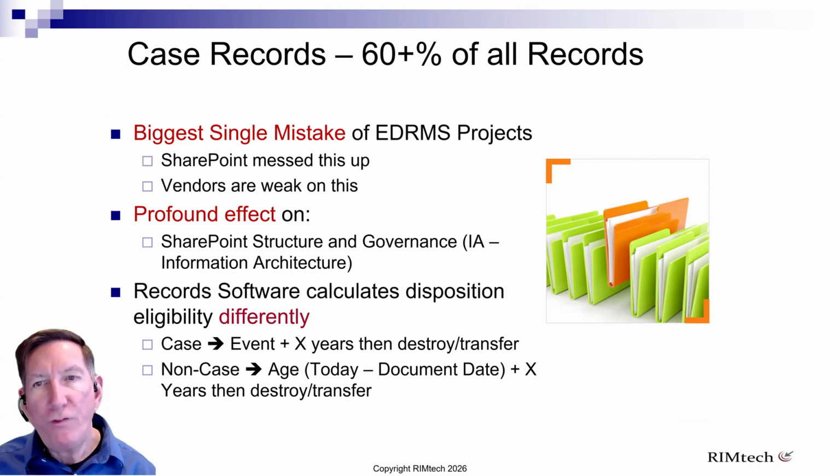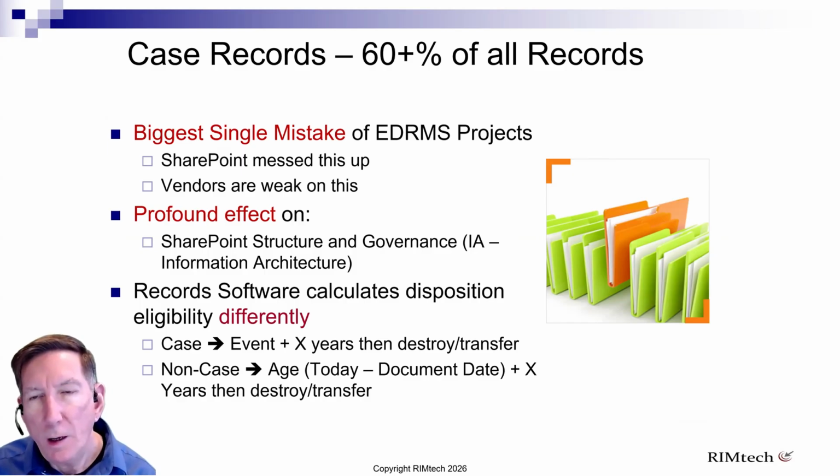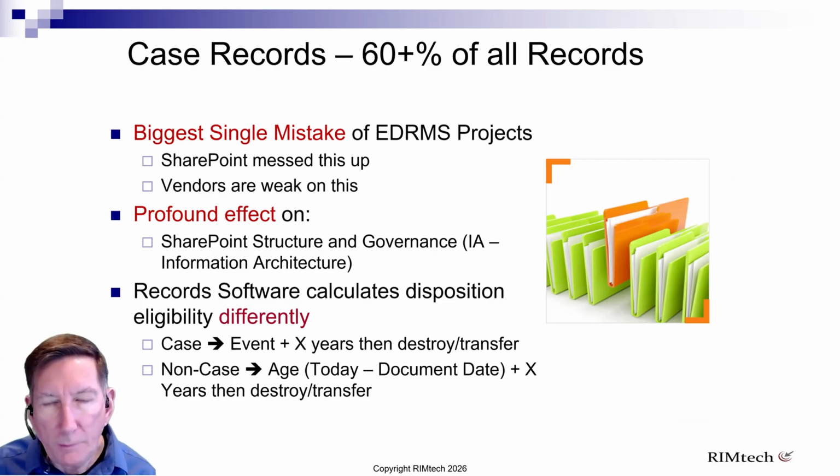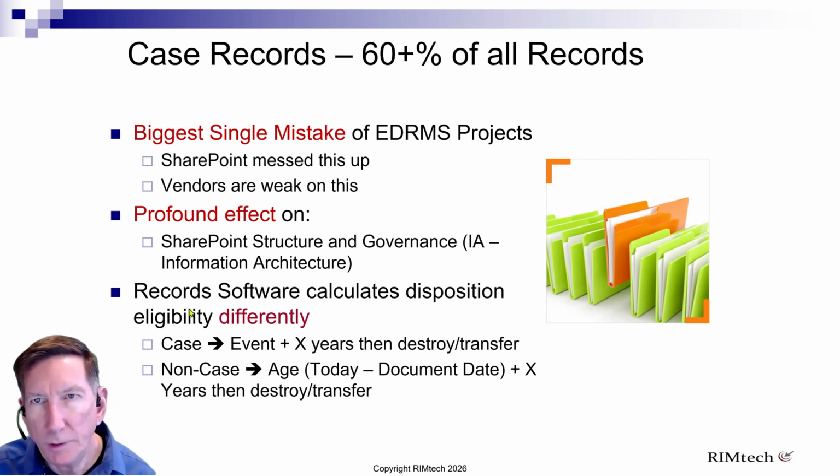They have a profound, and I mean profound, effect on how SharePoint is structured. And the record software uses different calculations to compute disposition, whether it's a case or non-case. So you don't have a choice here. You absolutely don't have a choice. You have to specify every single record must present itself to the software as a case record or a non-case record. There's just no choice.